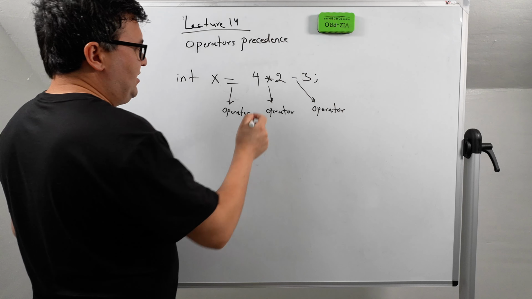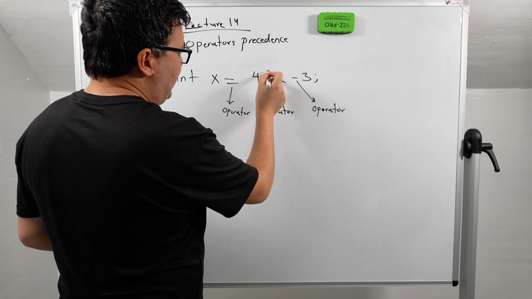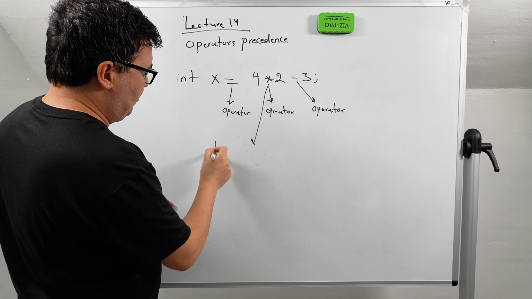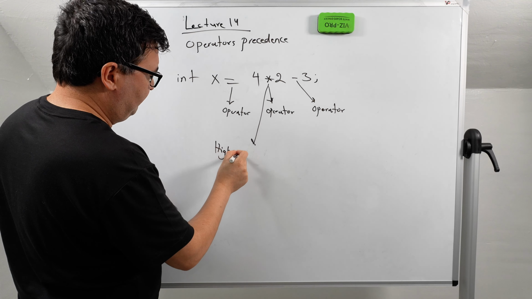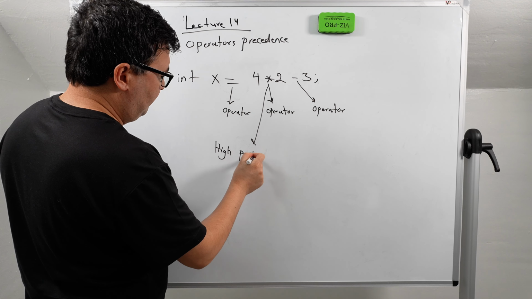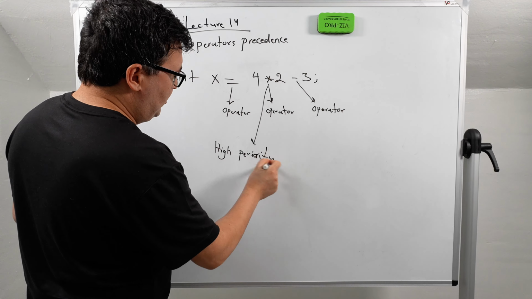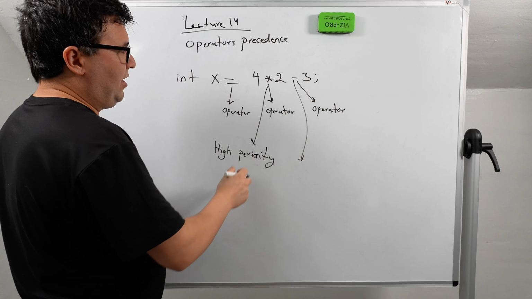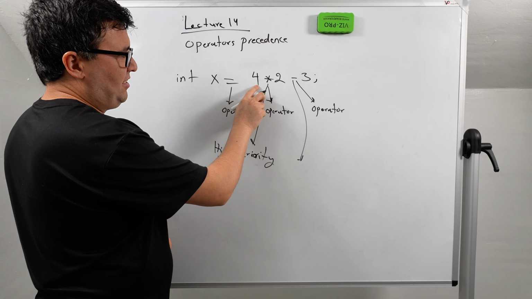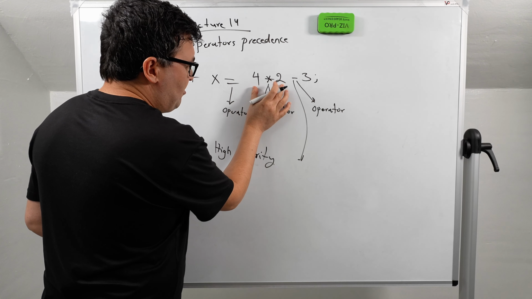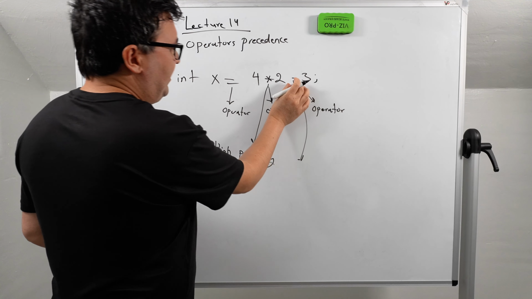Because the multiplication operator has higher priority, first the multiplication is performed, then the subtraction.